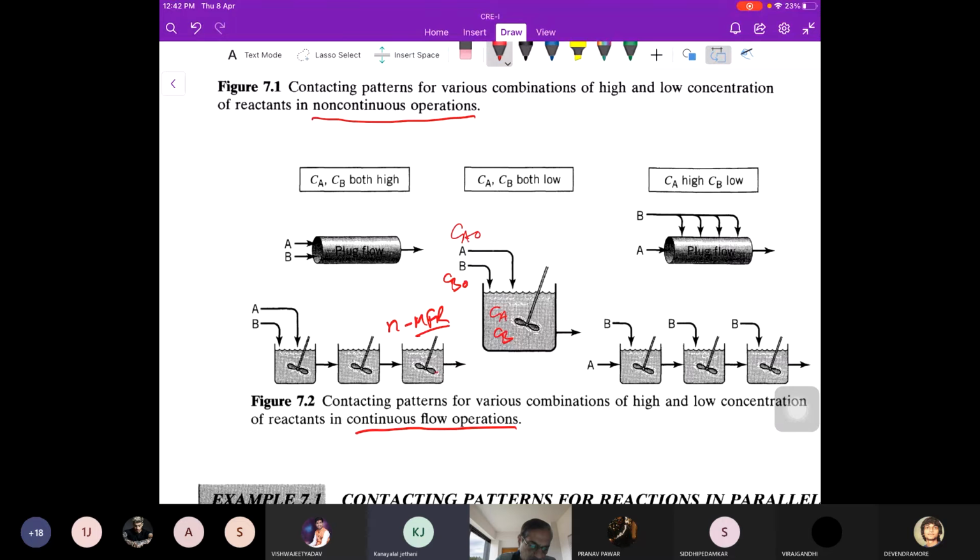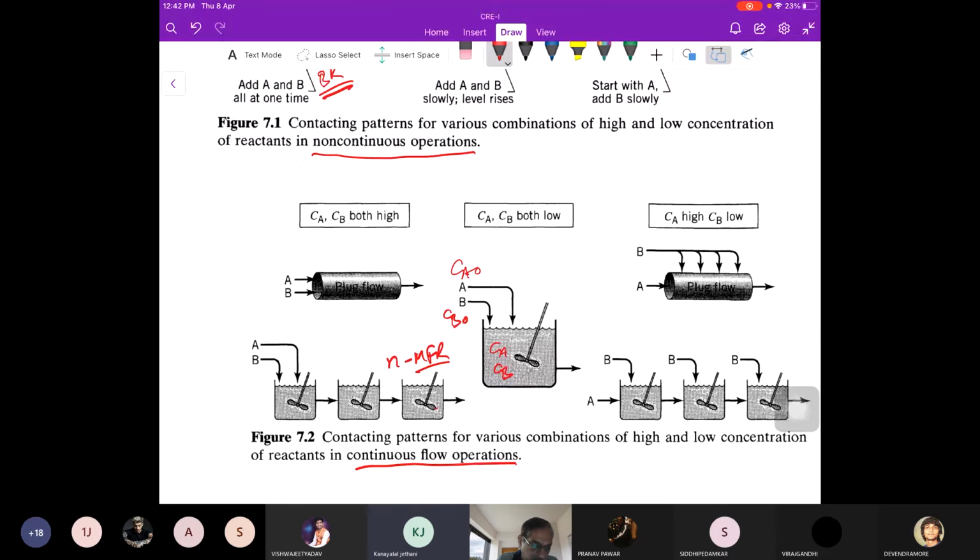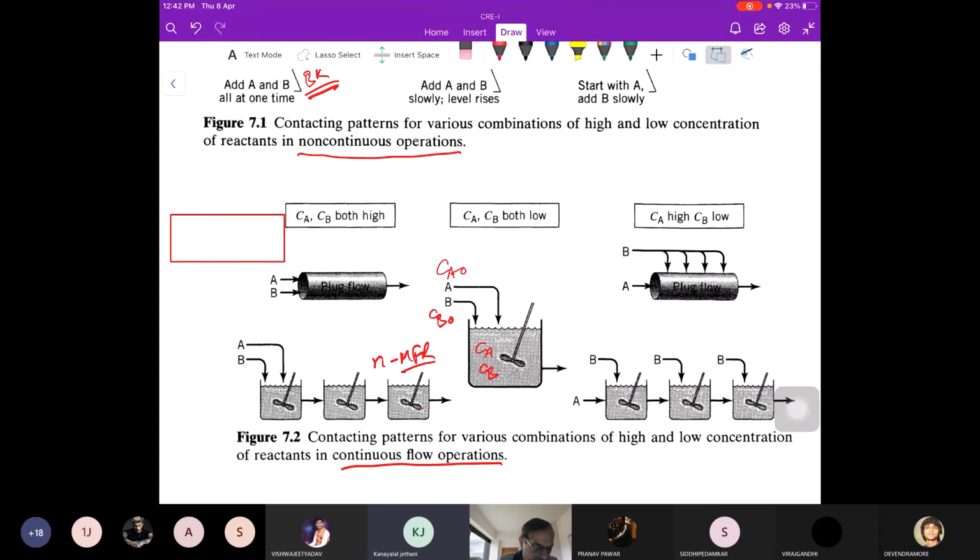सर, पीएफआर में कन्वर्जन हाई होगा तो CA और CB भी लो होना चाहिए ना? Conversion, see, कल मैंने बताया था आपको कि concentration is always higher in plug flow reactor compared to, we are always comparing mixed flow and plug flow, right? Plug flow reactor लिया मैंने तो concentration is always higher in a plug flow reactor than in a mixed flow reactor.